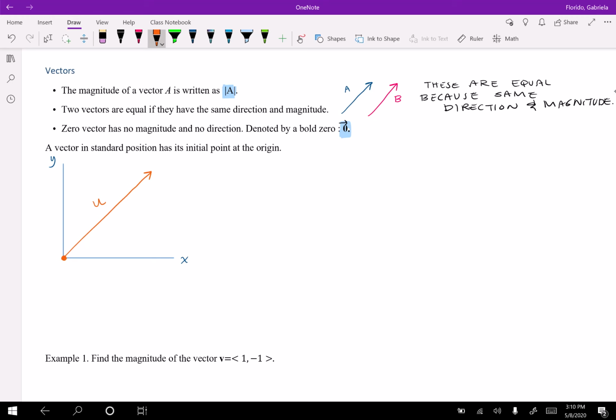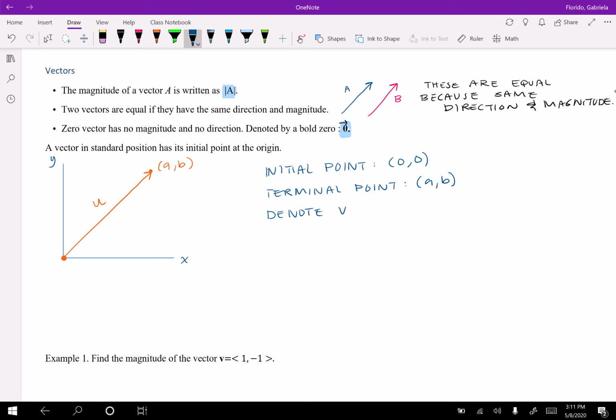Let's suppose that this vector goes from 0, 0 to some point A, B. So let me write this down here. The initial point is 0, 0, and here my terminal point is A comma B. This vector here, we are also able to denote this vector u in terms of its terminal point.